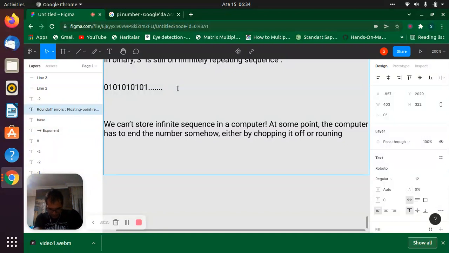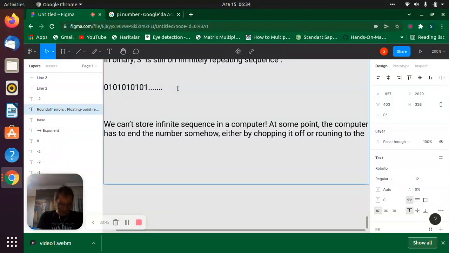Rounding to the nearest floating point number.